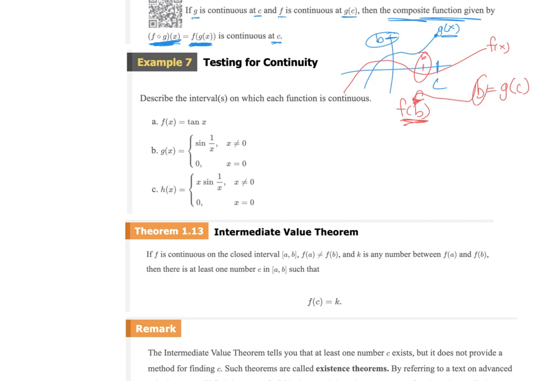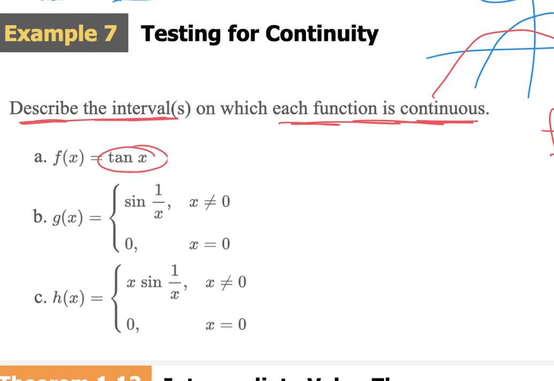Okay, now, example 7, testing for continuity. This just means we're describing the intervals on which each function is continuous. So, tangent of x. We discussed and drew that above. Let's try to describe the intervals on which it is continuous.